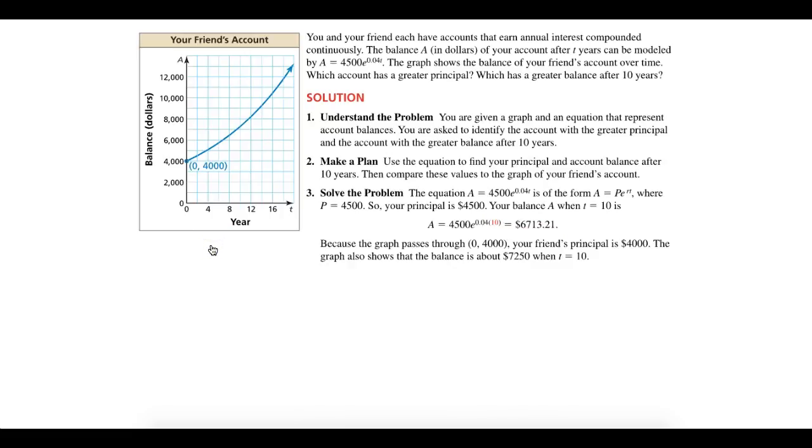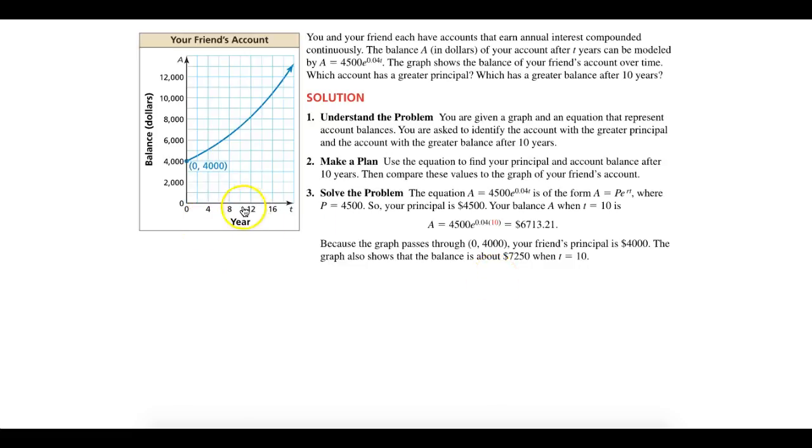Now we can look at our friend's graph. Because this is the y-intercept, when t equals 0 the y value is 4,000, so our friend's principal is 4,000.